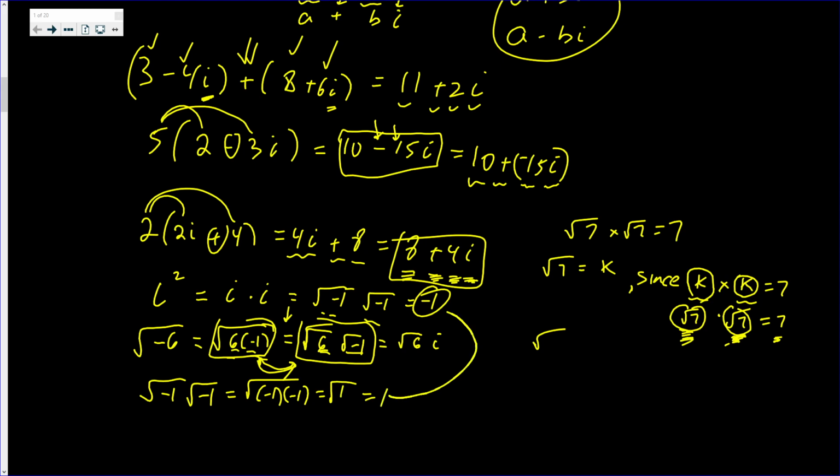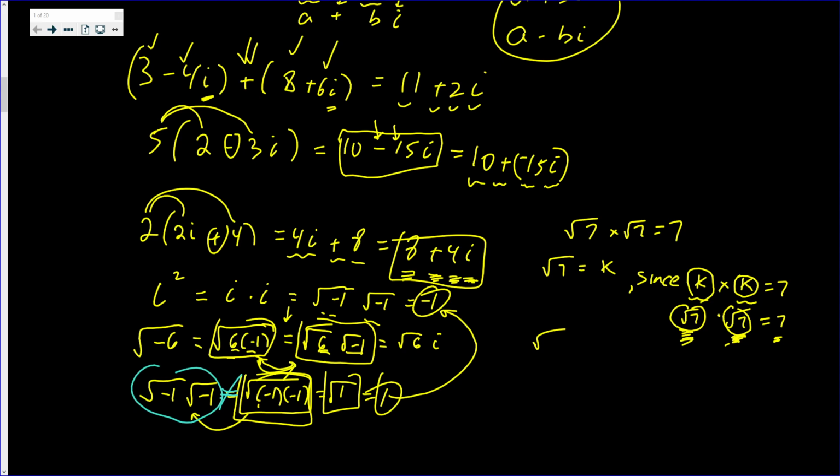Oh, but wait a minute. I didn't get the same answer. That is correct, because if you have this, you cannot go here. That is, I agree that this is the square root of 1, which is 1. But I do not agree that it equals this.